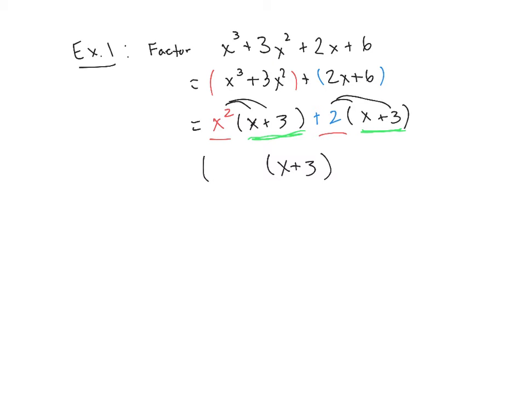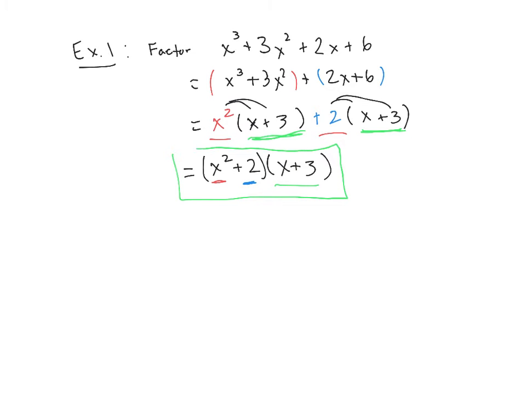And so my group term here would be x squared plus 2 times x plus 3. So the red GCF and the blue GCF makes one of the factors, and the second factor makes that common term to both of them. So the part that was left inside the parentheses, the x plus 3, makes the other factor.